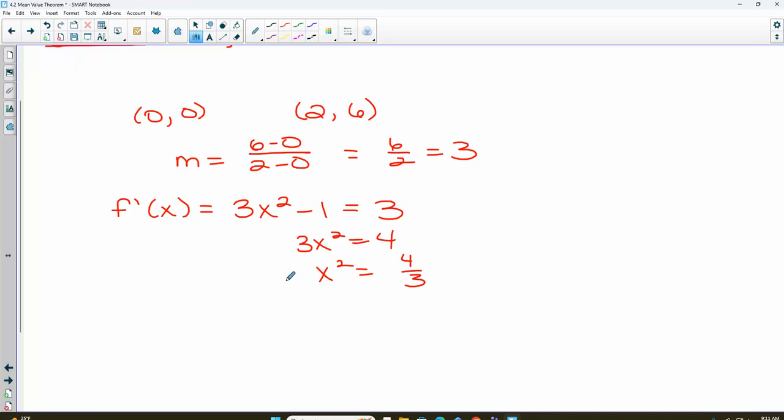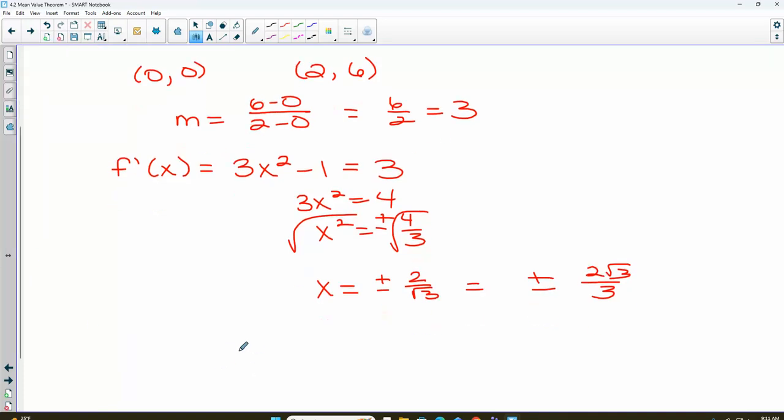To get rid of the square, we square root, plus or minus. Plus or minus 2 over the square root of 3, or plus or minus 2 radical 3 over 3. Okay, I wanted the number between 0 and 2, so which one am I using? I found 2 times, but I only needed the one between 0 and 2.